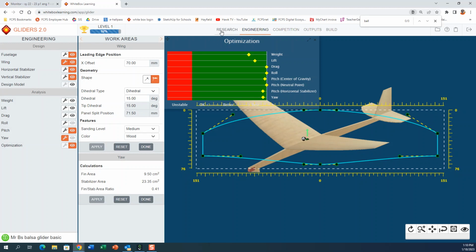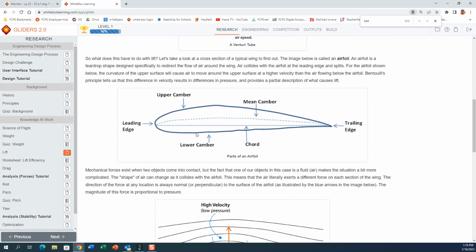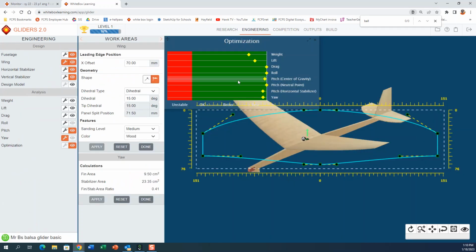And so we would hope that when we sanded, we paid attention to this airfoil shape that we were trying to get with a rounded nose and a rounded leading edge and a tapered trailing edge. And so that would reduce our drag and increase our lift a little bit.